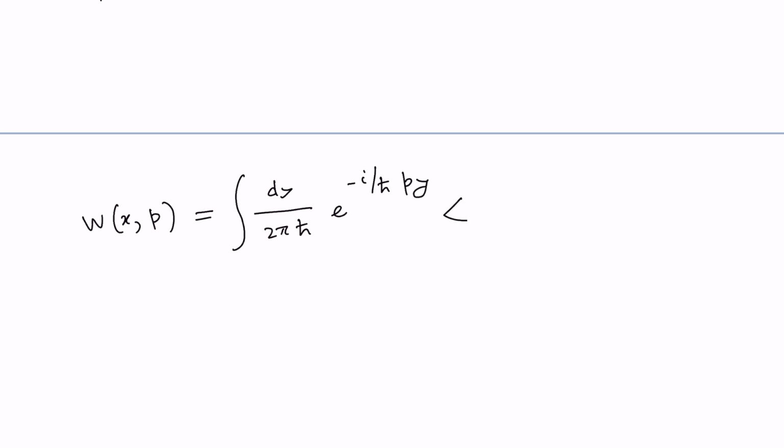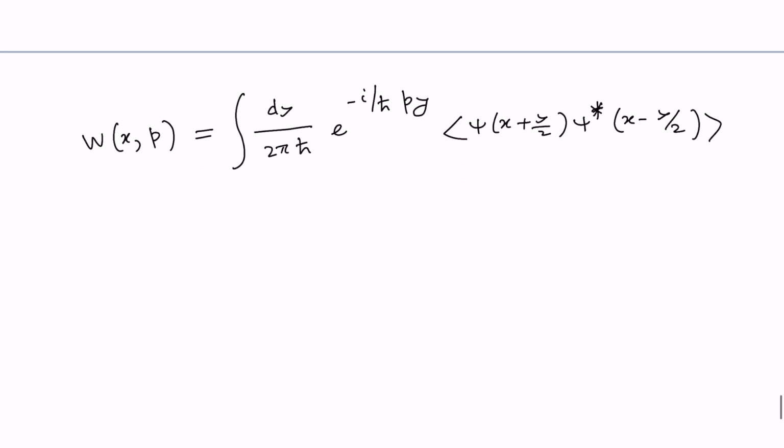So now I can write in general that W(x,p) is going to be ∫dy/(2πħ) e^(−(i/ħ)py), and I have to take the ensemble average of ψ(x + y/2) ψ*(x − y/2). Okay, now note that this density operator is ρ = |ψ⟩⟨ψ|.